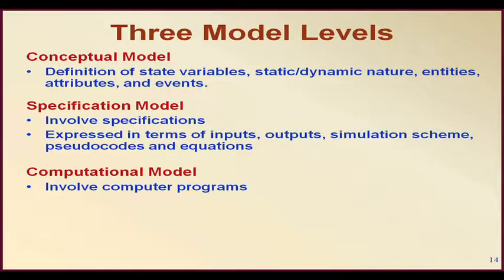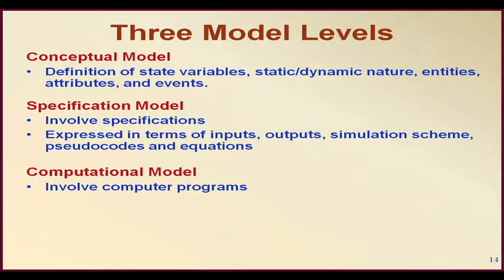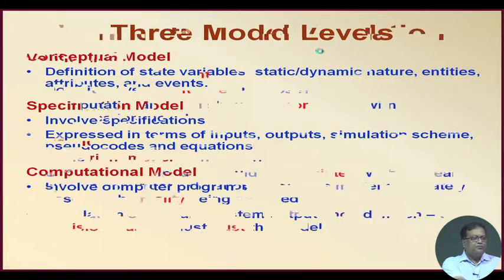You are now becoming more exact and generating all the relevant requirements needed to make a computational model, right. That is what the specification model is. And when all of these things are put in a final form, a computer program, that is called a computational model. So, these are the three model levels.